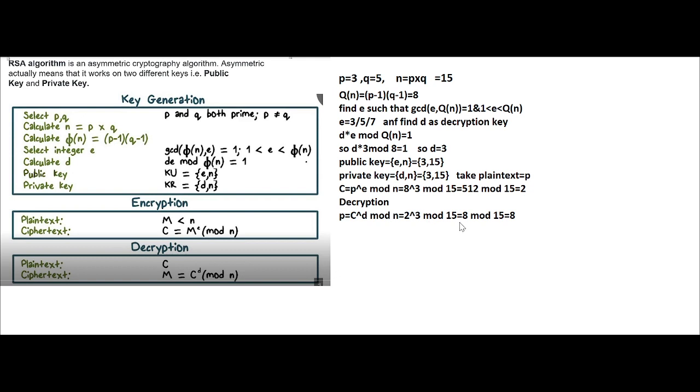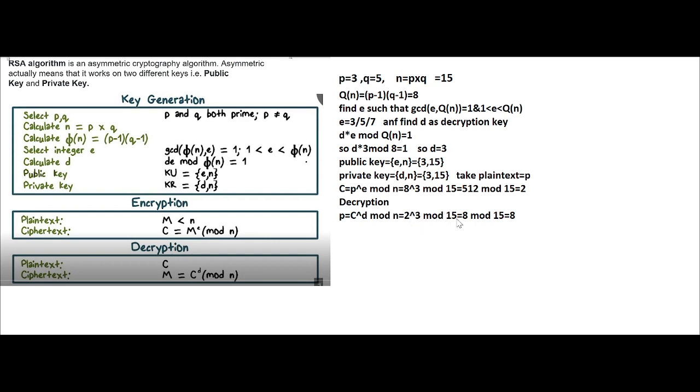So 2 cubed is 8, mod 15, how do I get 8? Because 8 is less than 15, so the mod with the same value is written again as the same value, because 15 is greater than 8. If I divide by 15, the remainder is 8, so 8 remains the same.